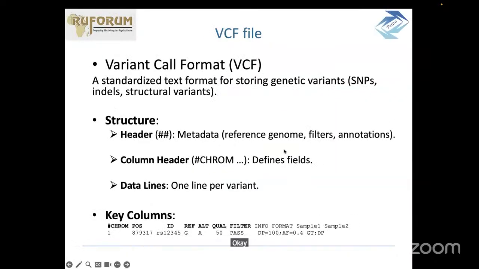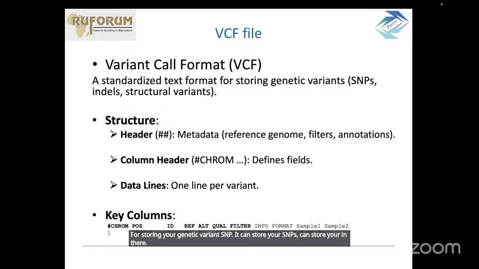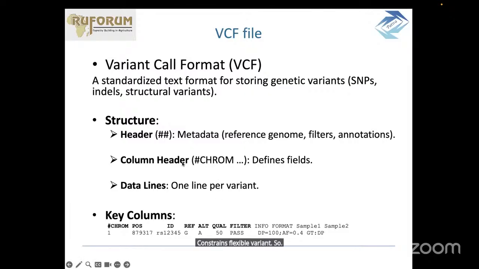Okay, before we go, I'm going to discuss what this VCF file is. It's called variant call format file. It's a standardized text format for storing your genetic variants, SNPs. It can store your SNPs, your indels, and your structural variants. The header starts with a hash, gives you a reference genome, the filters and annotation, and also has the chromosome part, and then the data is a line. So this is an example.